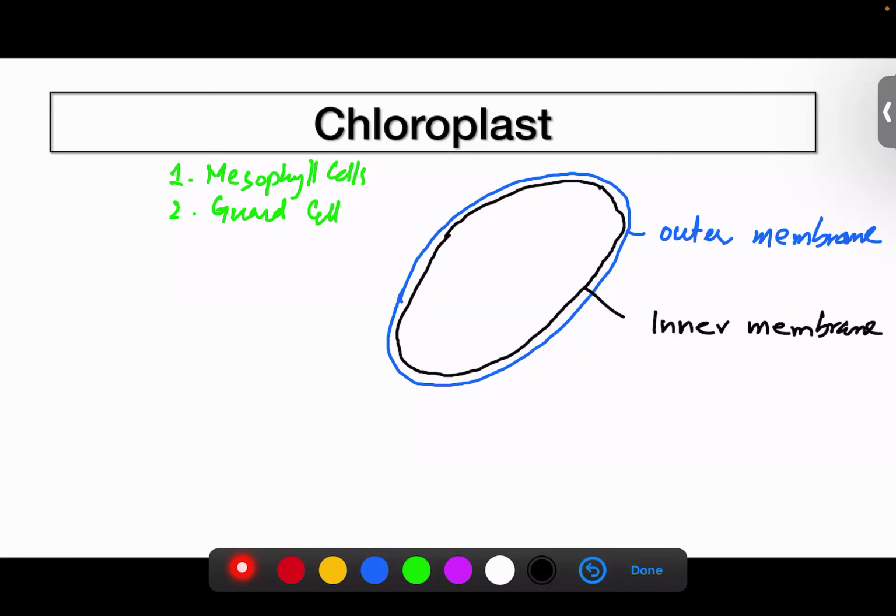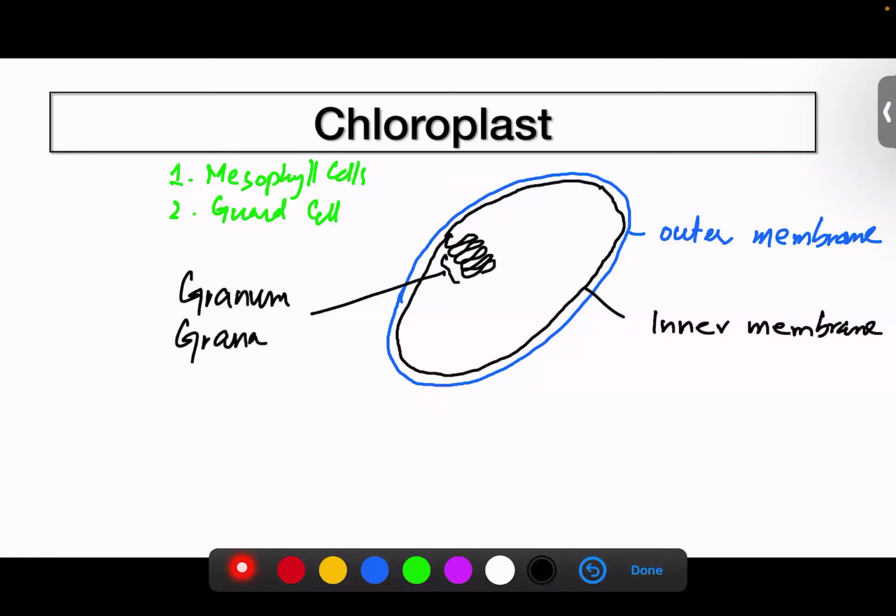This inner membrane is folded, and these folds are stacked one above other, making a stack of this folded membrane known as granum. This is singular, and plural will be grana.